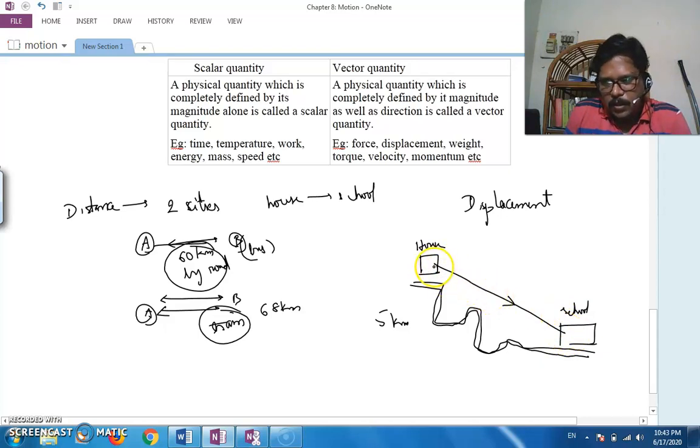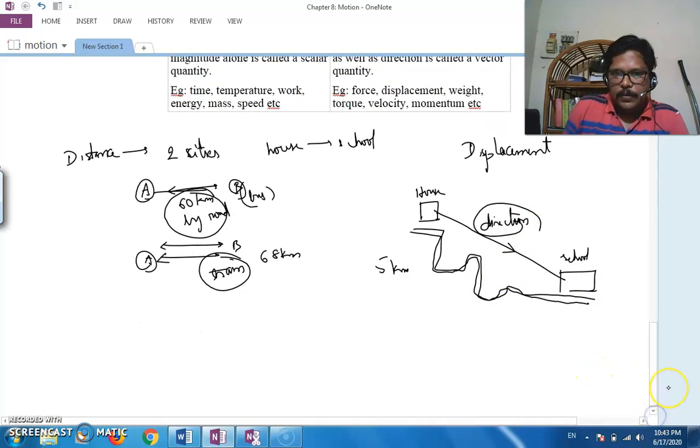In that direction, the shortest path is called displacement. For displacement, it need not have a path or a road. It is the shortest in a particular direction. That is the difference between distance and displacement.